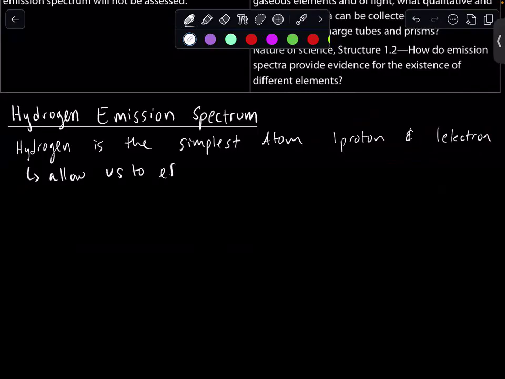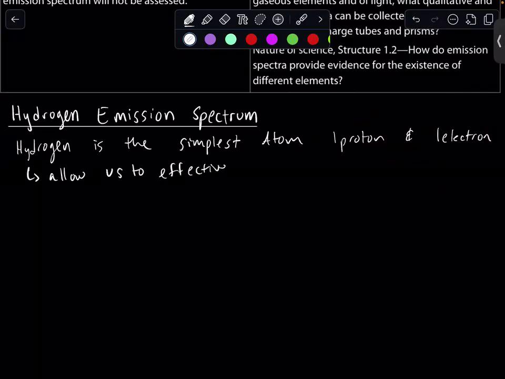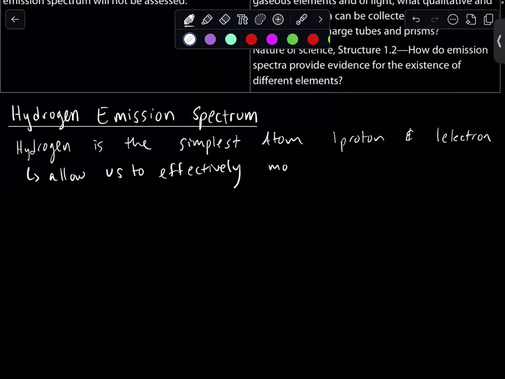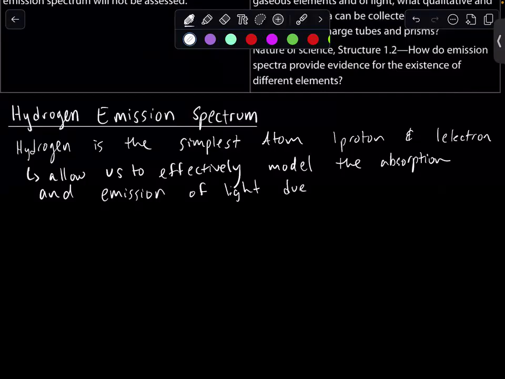So, what this does is it will allow us to effectively model the absorption and emission of light due to electron transitions.